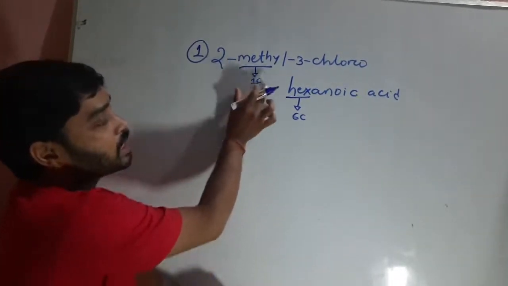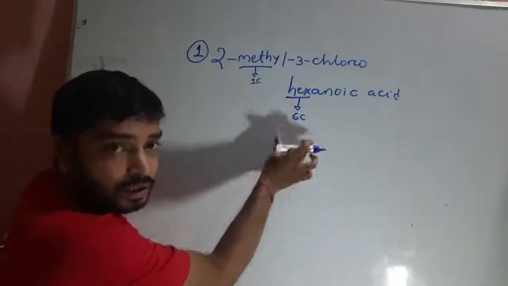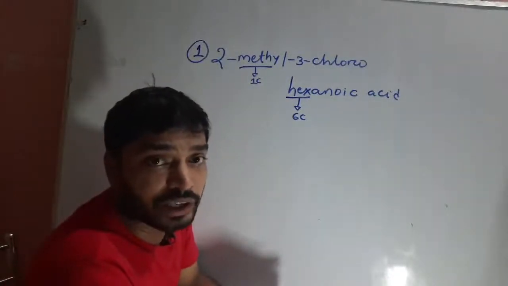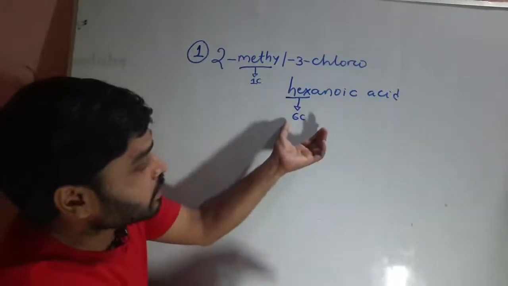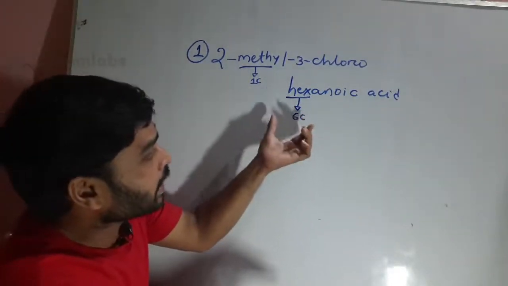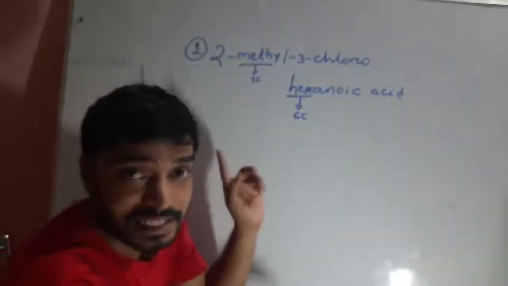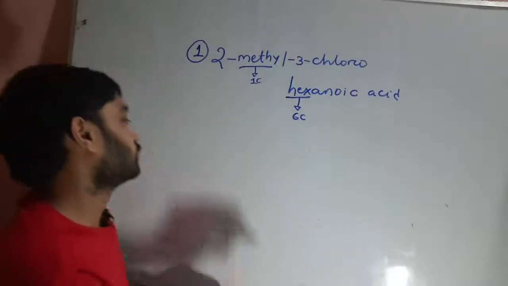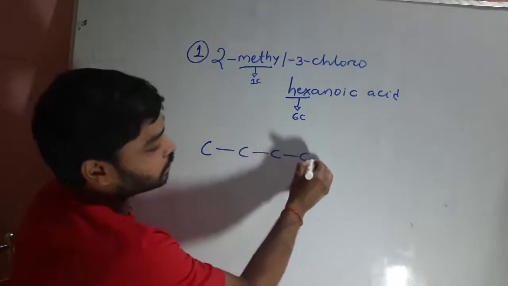The maximum number of carbon expresses the parent chain, that means the longest continuous carbon chain. In this case, hex is the parent chain, that means 6 carbons. So I am writing first 6 carbons by placing single bonds between the carbon atoms.